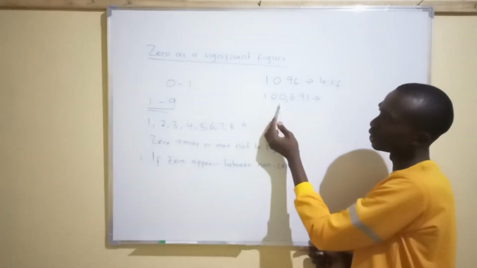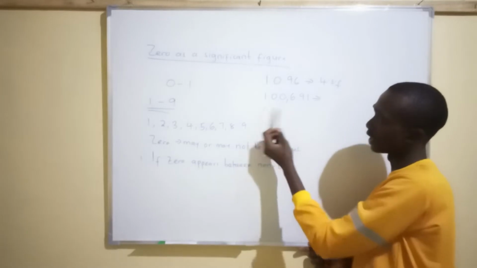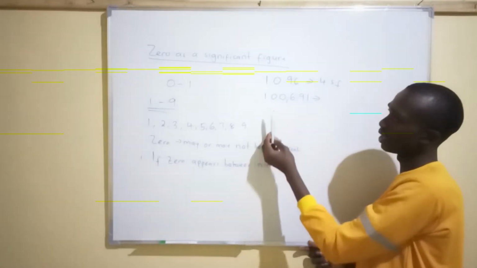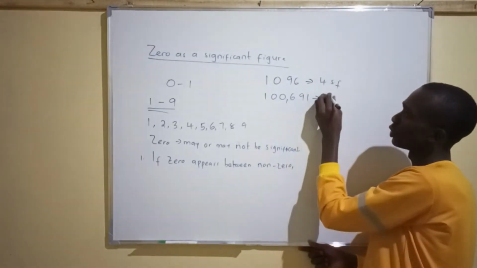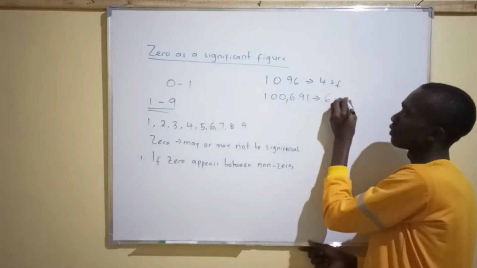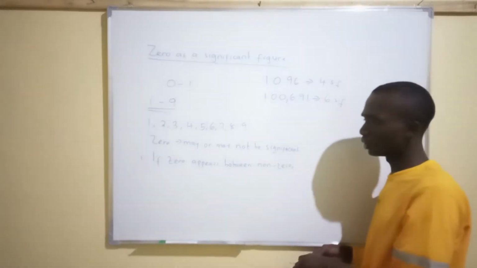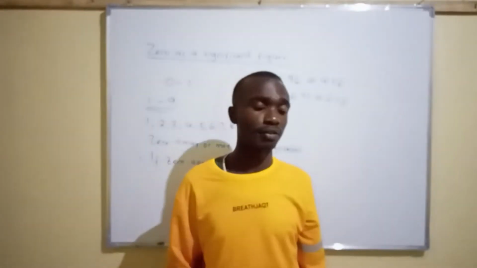So in this case, 2 zeros, but still these 2 zeros are in between non-zeros, which are 1 and 6. So the number of significant figures is 1, 2, 3, 4, 5, 6. So this one has 6 significant figures. That is the first case: when 0 appears between non-zero digits, it is counted as a significant figure.